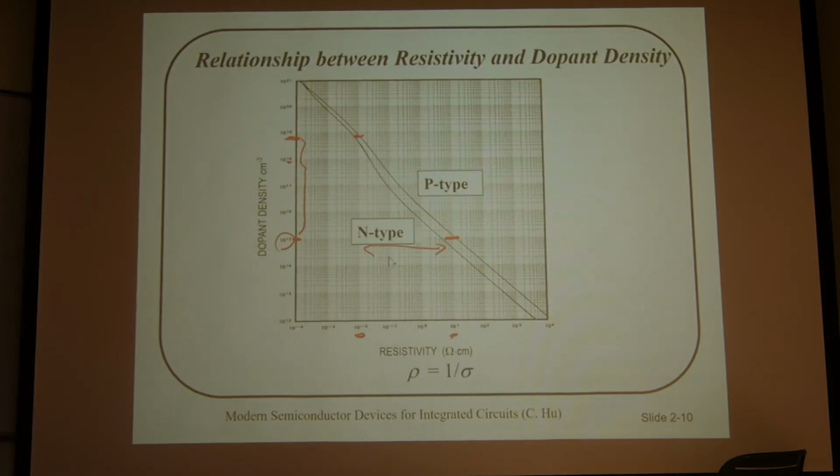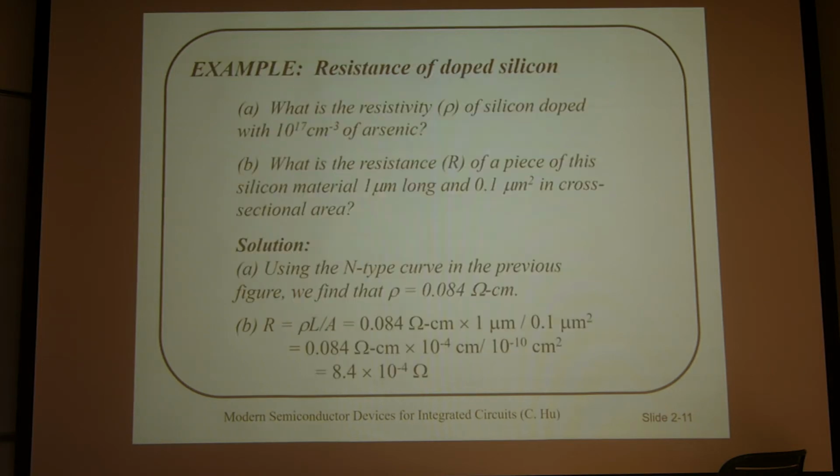We can determine the resistivity from the doping density here, 10 to the power 17. So it's this one. And you look at the N-type curve here, so it's roughly here. And then you look at the resistivity somewhere here below the 10 to the -1. So if you do it carefully, then this is the number, 0.084 ohm centimeter. So this is from the previous slide, that figure.